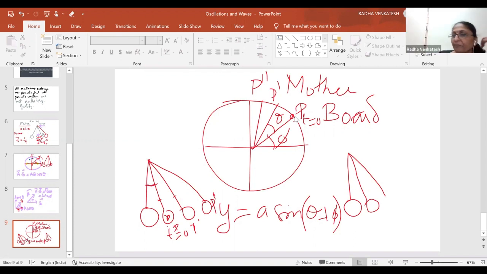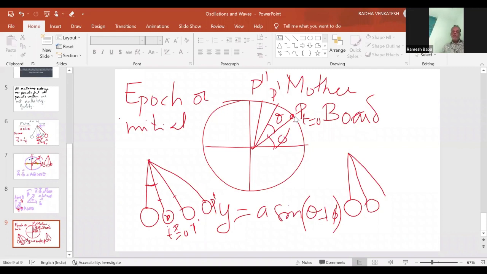Phi will not change. That phi is what we call the initial epoch or initial phase. Right, teachers?